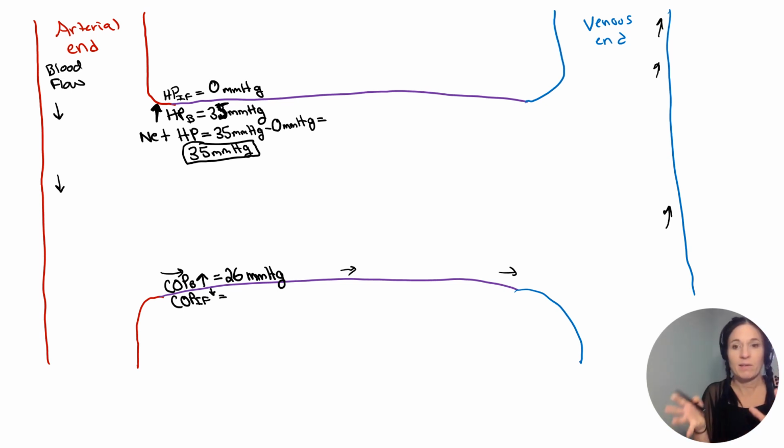But again, we don't have the presence of these plasma proteins out in the interstitial fluid. So this number is going to be relatively small again. So between 0 and 5, let's just say 5.